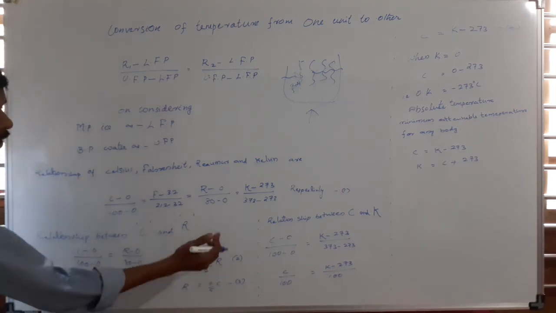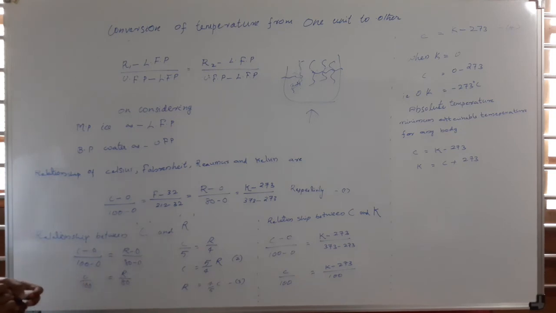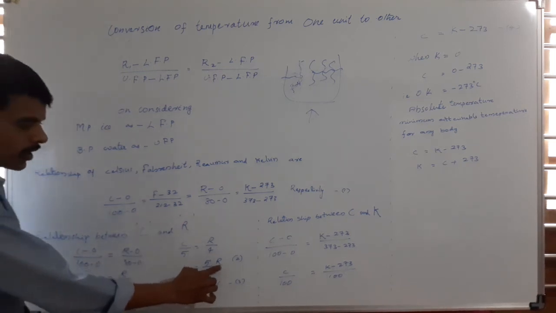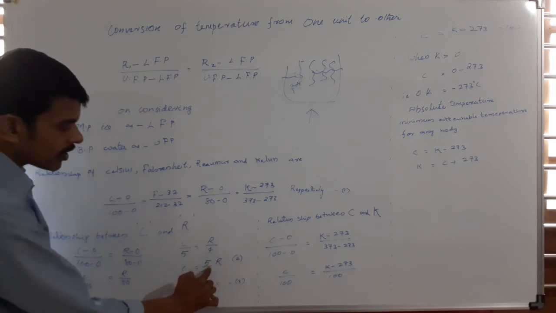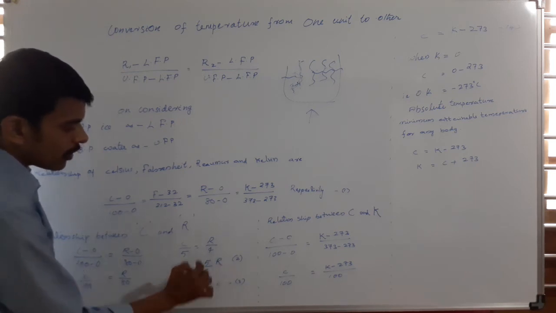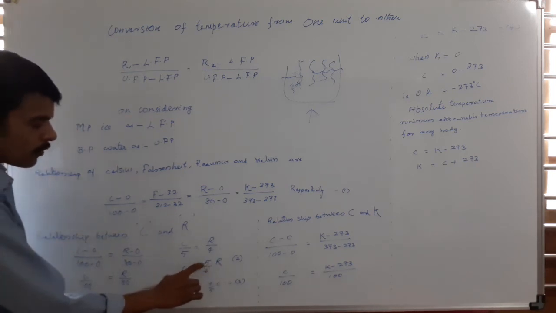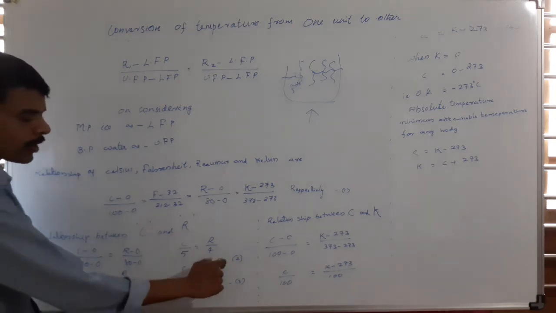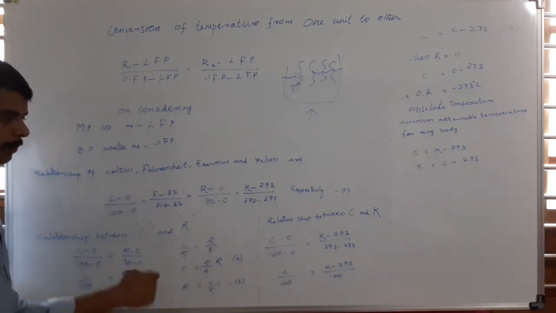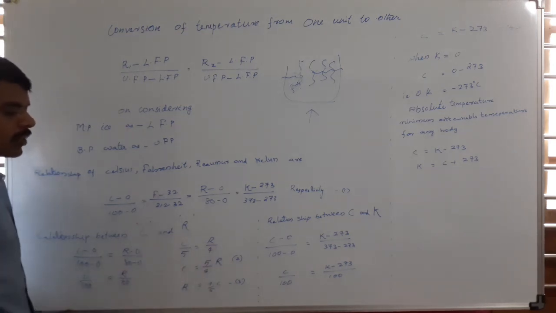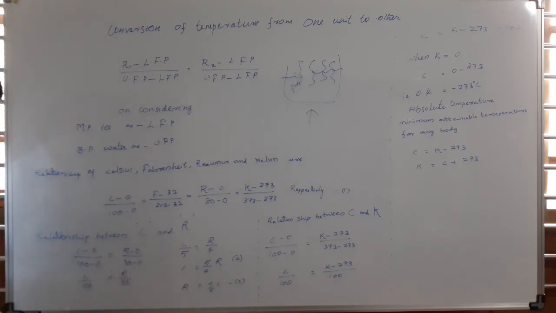For example, if the Romer scale denotes the temperature 20 degrees, what would be the corresponding reading in the Celsius scale? Romer is 20, so 20 divided by 4 becomes 5. 5 into 5 is 25. So if Romer is denoting 20, then Celsius will denote 25.